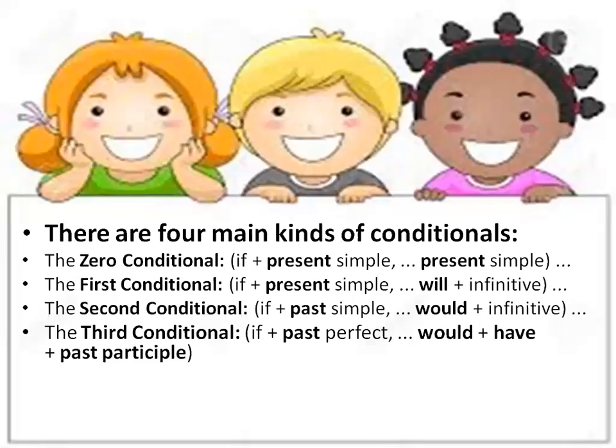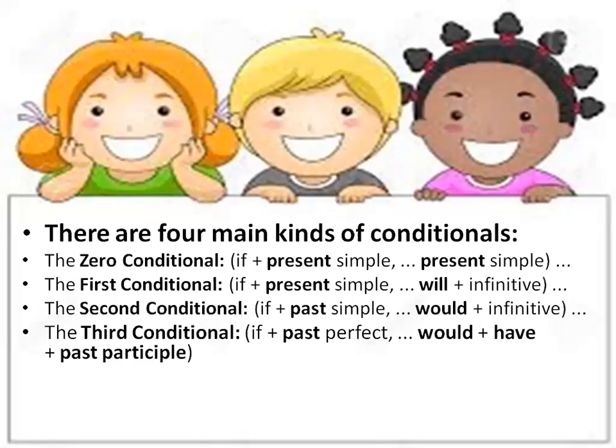Now the first conditional is if plus present simple comma will plus infinitive. Will plus infinitive means will plus v1. Whenever you are having singular subjects, you have to use s or es with the v1. ठीक है, but here you have to use will also, and with will we never use s or es with the first form of the verb.